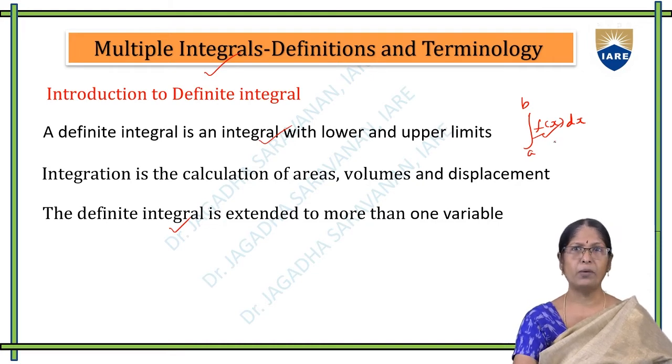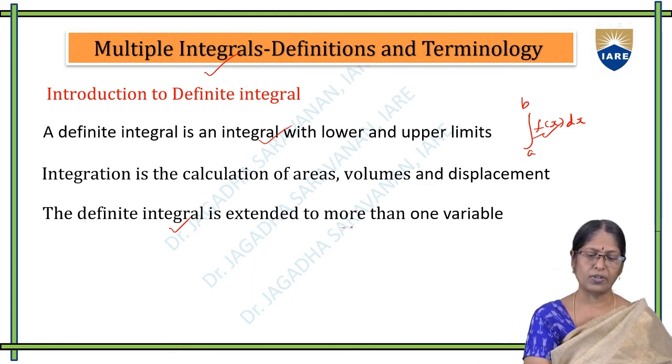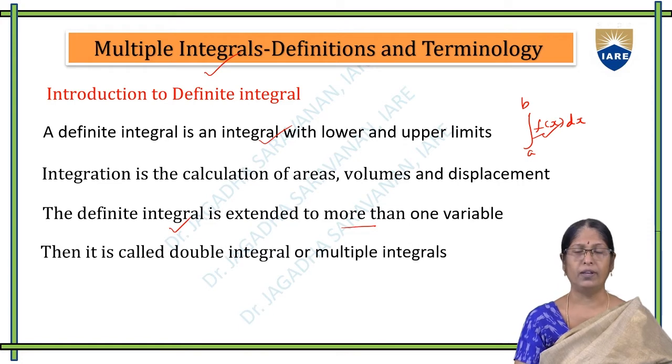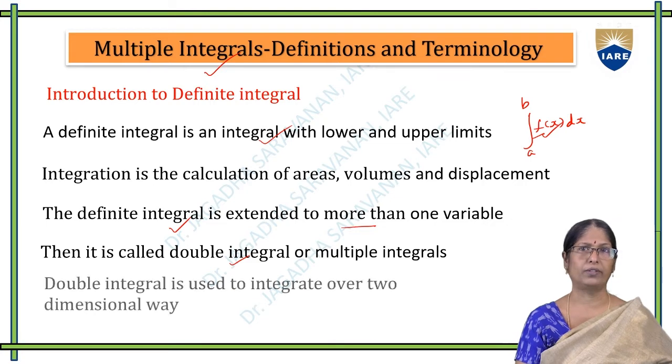From one variable, if it is connected to two variables, then it is a double integral. If it is more than two variables, 3 or 4, but mostly 2, we have double integral and triple integral. Commonly we call them multiple integrals. So what is written here is that the definite integral, extended to more than one variable, is called a double integral or multiple integrals.